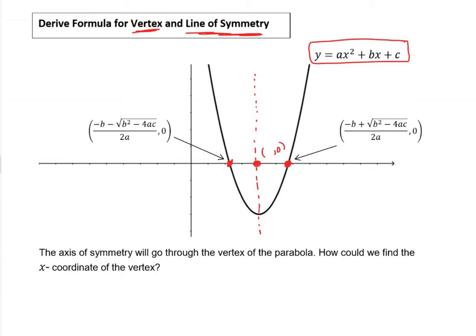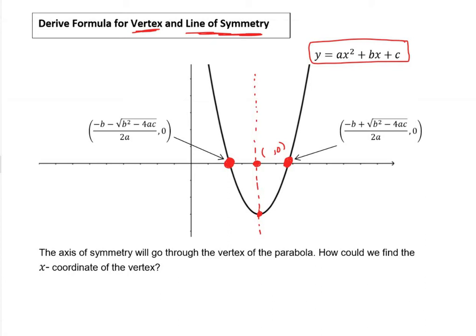I don't know what the x-coordinate is, but if I could figure out the x-coordinate, then I will know my line of symmetry, and I will know the x-coordinate of this vertex. Well, this point that's right on that line of symmetry is in the middle between this x-intercept and this x-intercept. Well, if it's right in the middle, how can I find that?